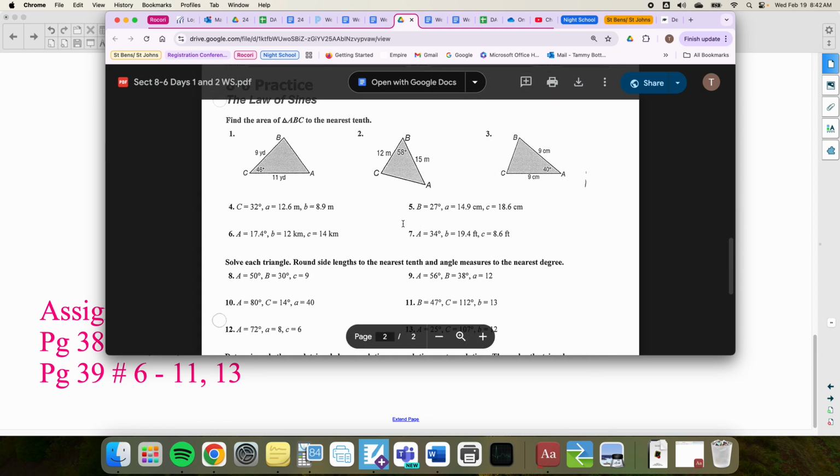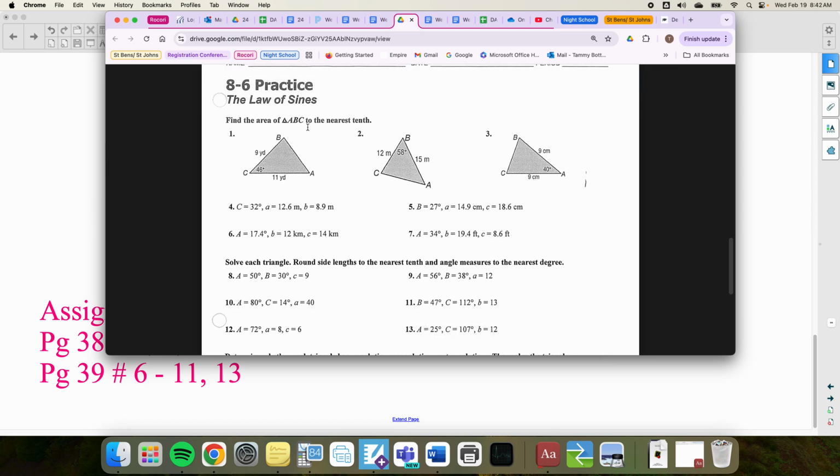6 and 7 are where you find the area of the triangle. Do you remember that's what we did last week? Where you went 1/2 times the 2 sides times the sine of the angle. Do you kind of remember that? So for 6 and 7, that's what you do. You're just using the area formula that we used last Thursday, okay?